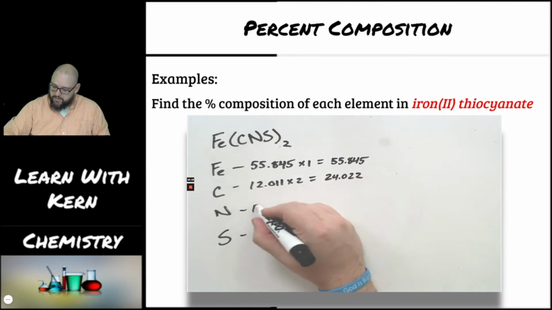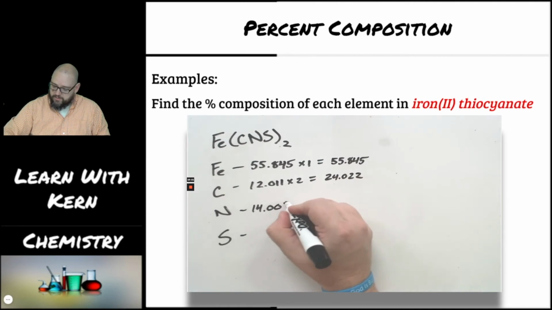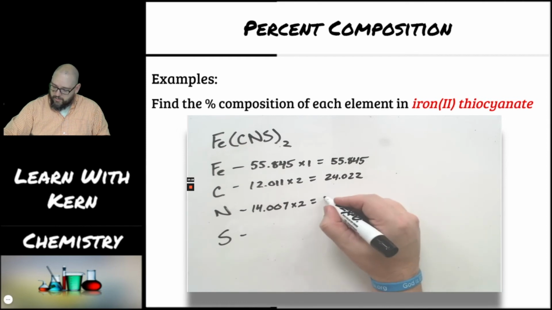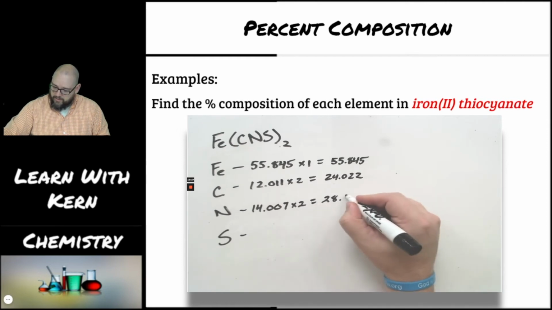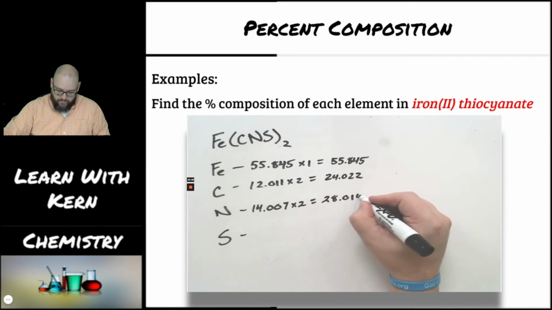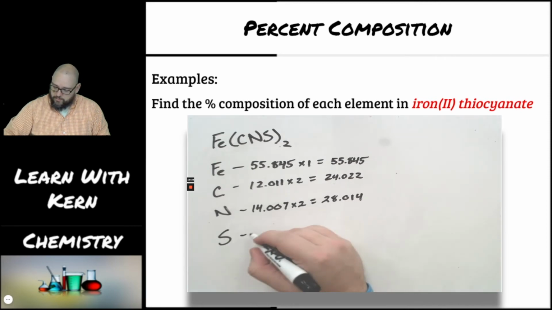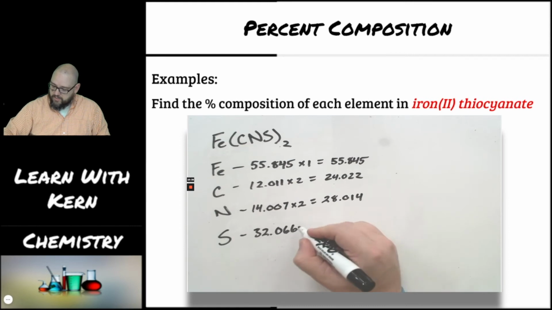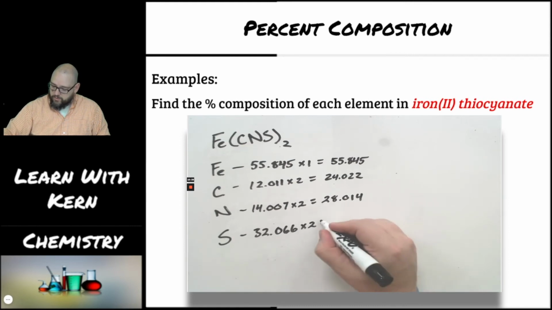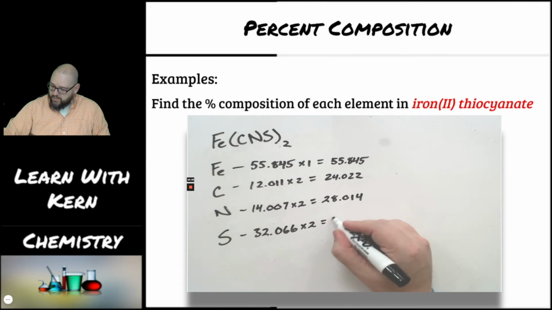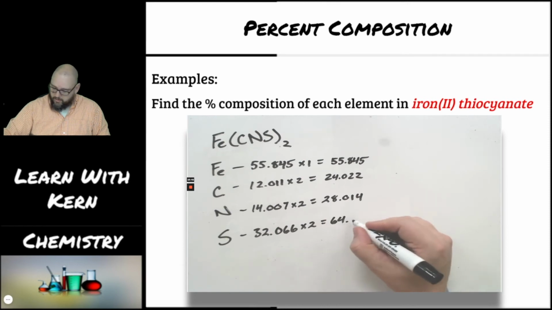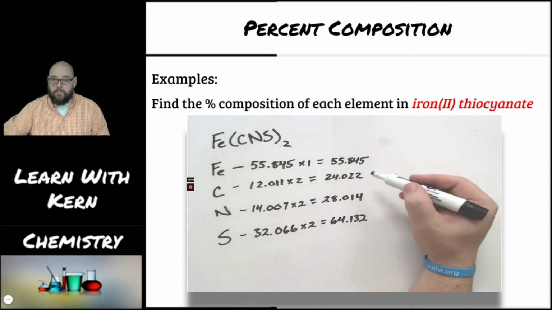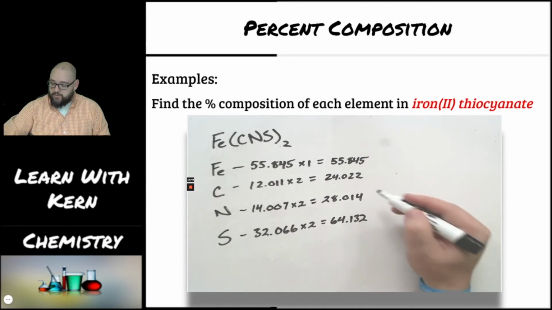Nitrogen's molar mass is 14.007, and there are 2 nitrogens, and so I have a total mass there of 28.014. And sulfur's mass is 32.066, and there are 2 sulfurs, so that is a total mass of 64.132.